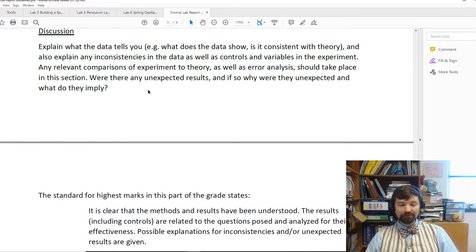So if, for example, you made a prediction in the introduction that says, I think that the period of oscillation depends on mass and mass alone, but not the other two things. Okay, and you've shown your equation that shows why it is that it's only on mass. And then you look at your data and it turns out that, gee, when I plotted displacement versus period, I got the horizontal line.